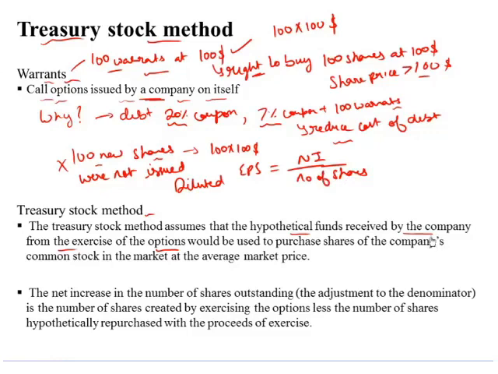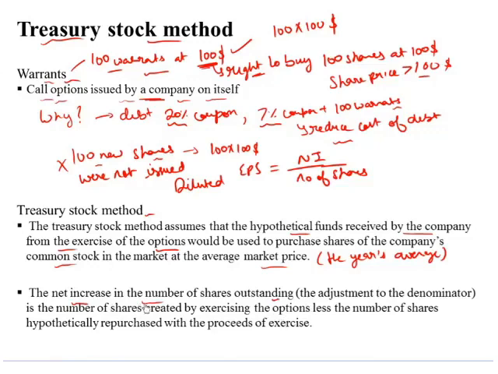So the funds would be used to purchase back the shares of the company's common stock in the market at the average market price throughout the year. However, if the market price is higher than the exercise price, then there would still be a resultant increase in the number of shares outstanding, as we will not be able to buy back as many as we have issued because we've issued at a lower price and we'll be buying it back at a higher price.